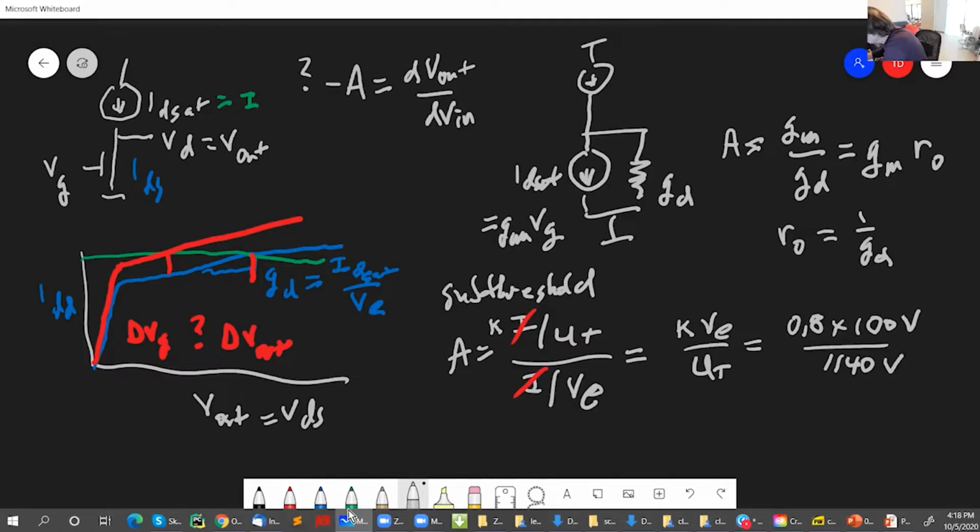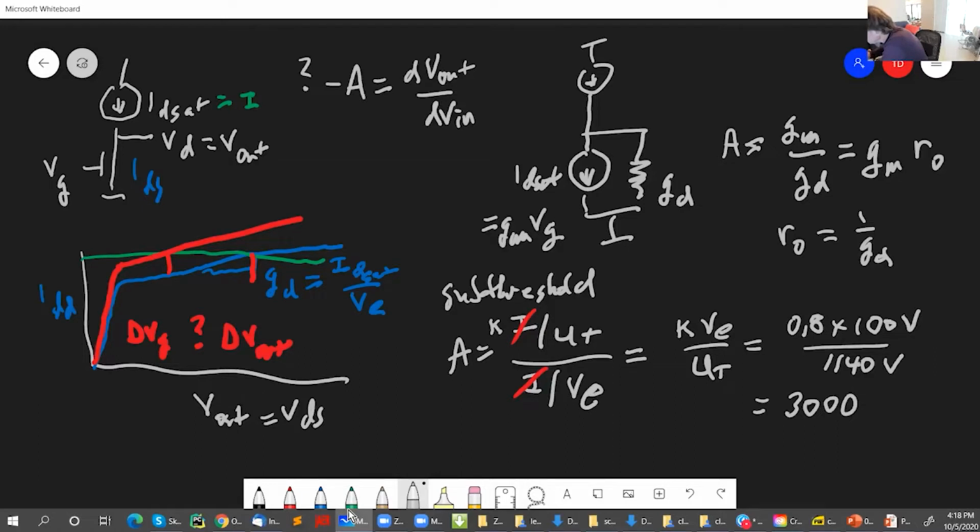And so you have 40 times 100. That's 4,000. That's 0.8. So you come out with around, say, around 3,000 or so is the voltage gain. It's a negative voltage gain, right? And that is a constant DC voltage gain, steady state voltage gain, all the way through subthreshold.